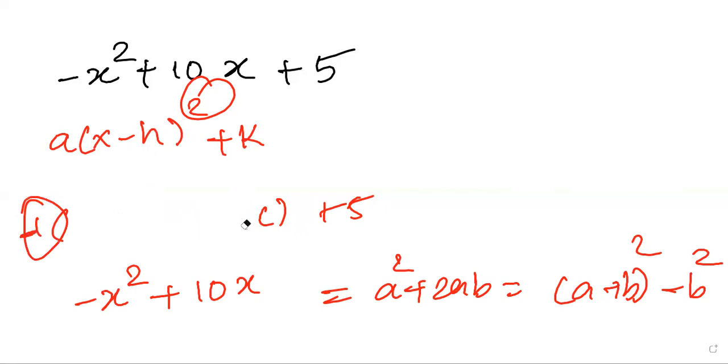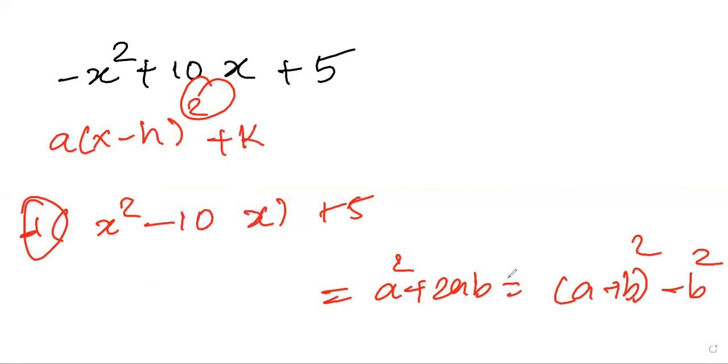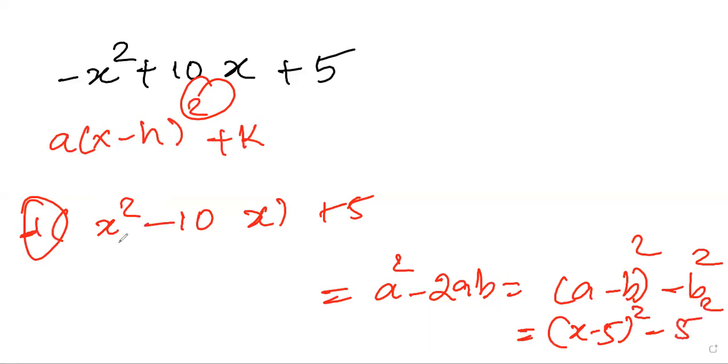Let's change this into positive x square and minus 10x. Then it would be a square minus 2ab is equal to a minus b whole square minus b square. So that would give you x minus 5 the whole square minus 5 square.